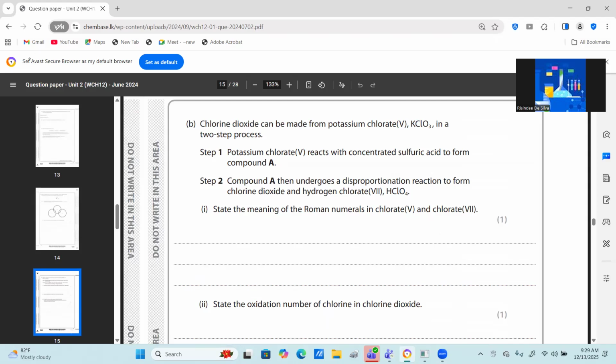So when you have KClO3 with H2SO4 to form compound A, that we don't know, but we know KClO4 is there and another compound. Compound A then undergoes a disproportionation reaction with HClO4. Okay, what is the question they ask?